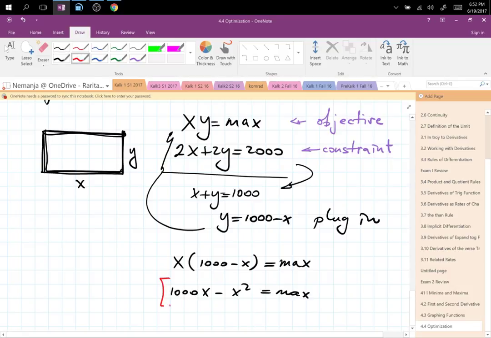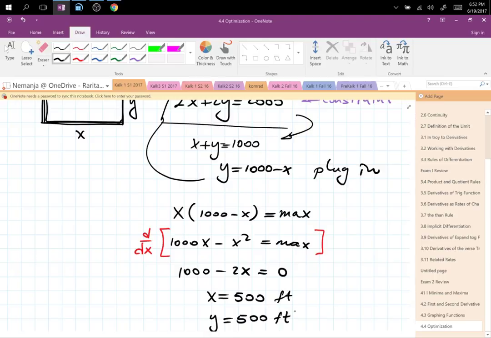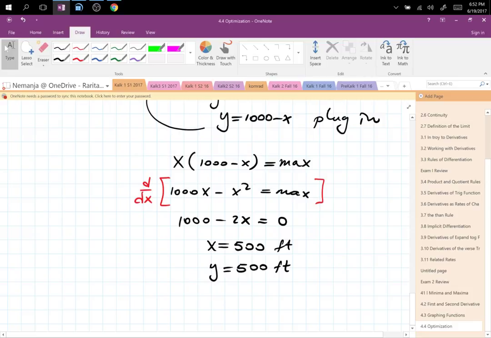Hit it with a derivative, because now it only has one variable. We get 1,000 minus 2x equals 0. x equals 500. And then again, y equals 500. So the largest area that you are going to get is 500 feet by 500 feet, and you will use up all 2,000 feet of fence. So we actually get a square. 500 by 500.